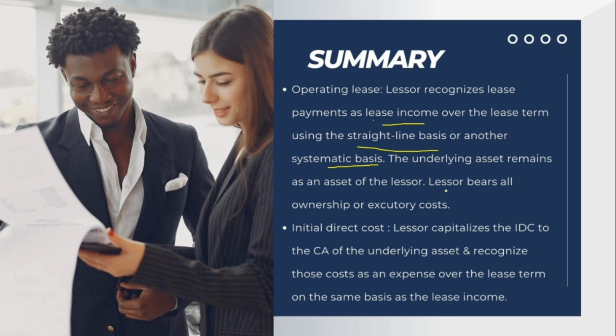And also, the lessor bears all ownership or executory costs. Initial direct cost, lessor capitalizes the initial direct cost to the carrying amount of the underlying asset and recognizes those costs as an expense over the lease term on the same basis as the lease income, either straight line basis or another systematic basis.